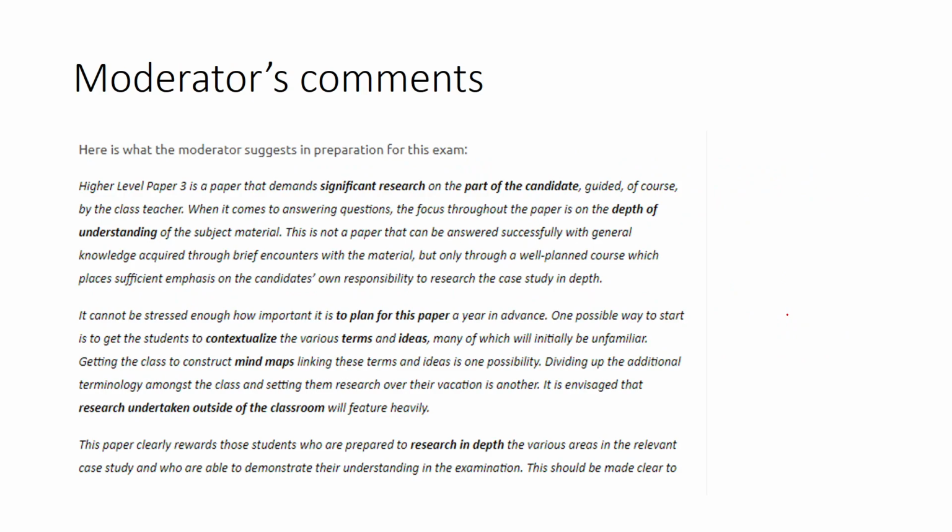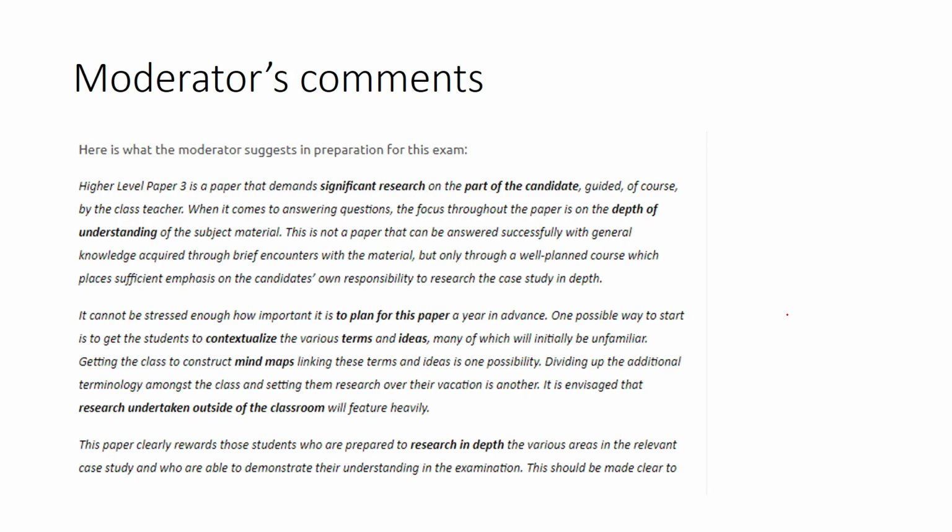So what are the moderators' comments? The moderators from IB suggest that to prepare for this exam, a student needs to do significant research on the part of the candidate, guided of course by the class teacher.